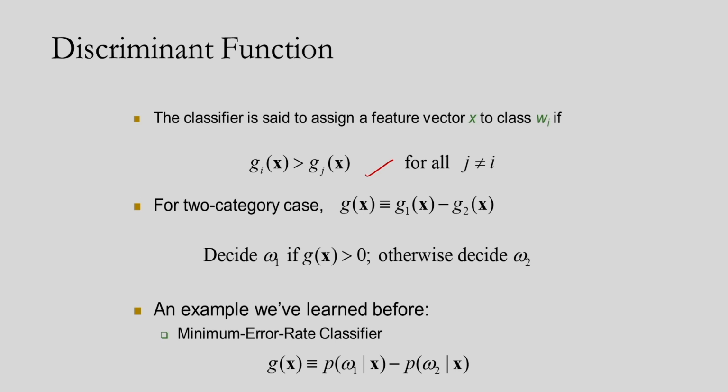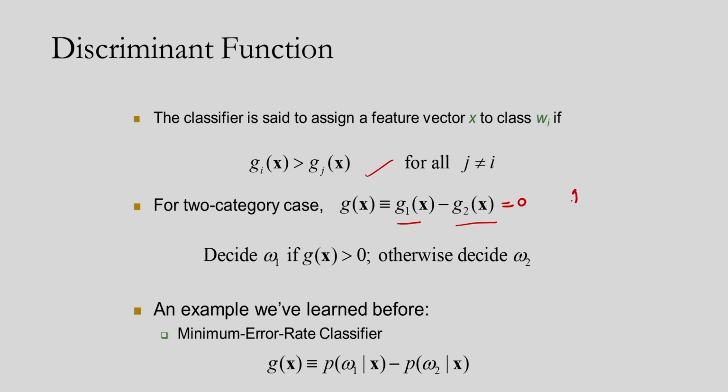If I consider two classes, that is the two category case, I can determine G1(x) and also I can determine G2(x). So G1(x) minus G2(x) is nothing but G(x). Suppose G(x) is equal to 0, that corresponds to the decision boundary, that already I have explained. So G(x) equal to 0 means it is the decision boundary.